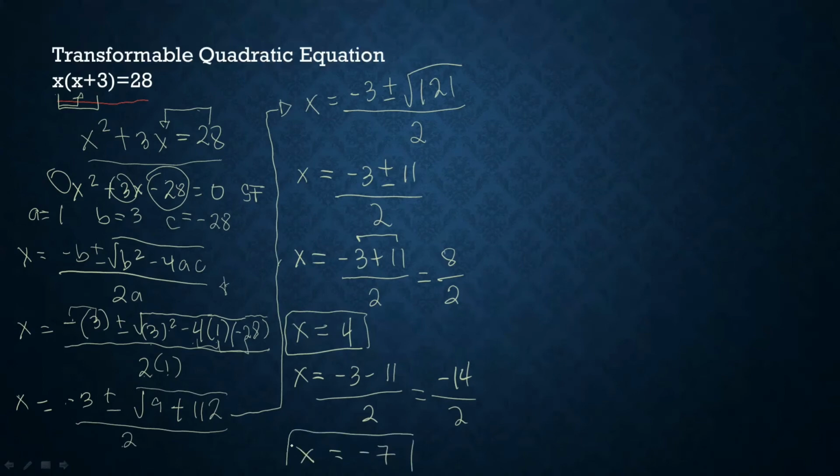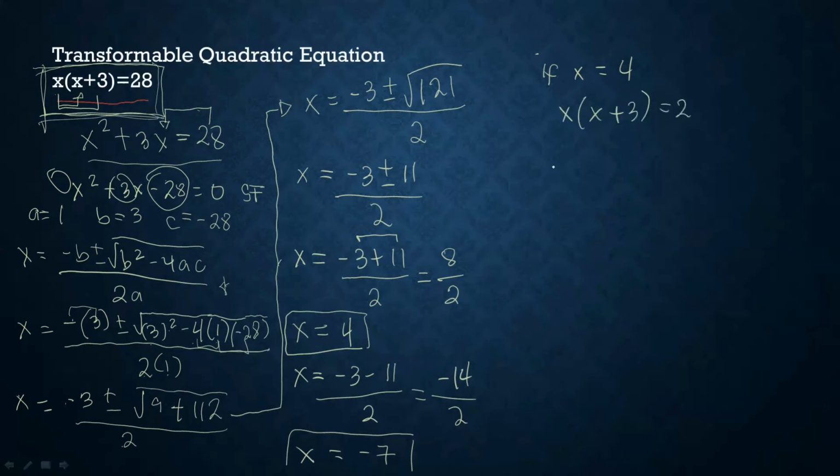How are we going to check this? So, we are going to substitute the value of x to our original equation or to our quadratic equation. Pero pwede na din natin dito i-substitute yung ating value ng x. So, let's try to substitute it to our original equation. So, let's try first if x is equal to positive 4 and the equation that we have is x times the quantity x plus 3 is equal to 28.